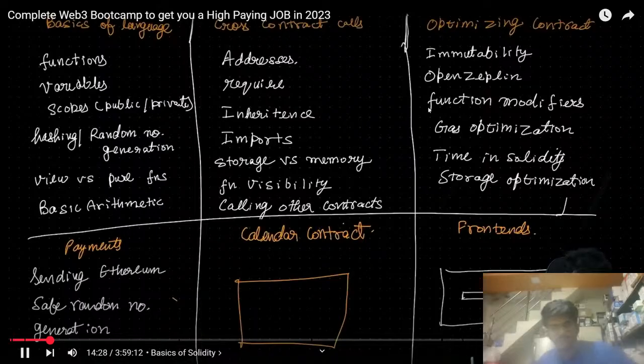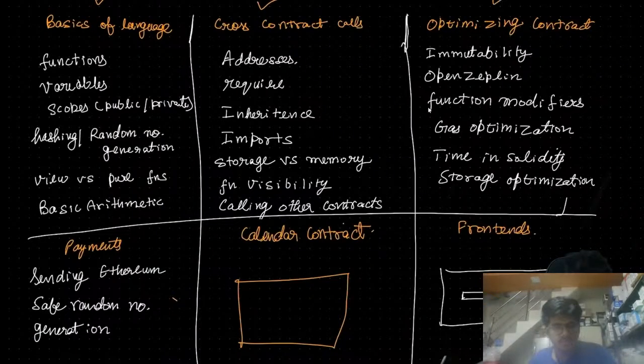Once you've done that, what is a view, what is a pure function, and basic arithmetic, which is like plus, minus, modulus, things like these.